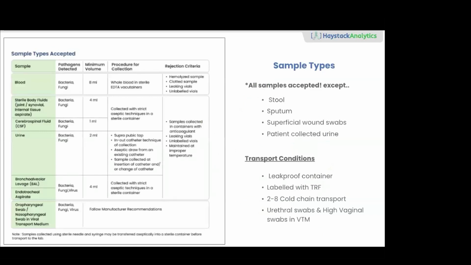And these are the samples that have been accepted, except for stool, sputum, superficial wound swabs, and patient collected urine. This is by and large to reduce the commensal background noise, which might not always give the right answer to the clinician. And since it's a highly sensitive test, the transport conditions and sample collection have to be ensured.